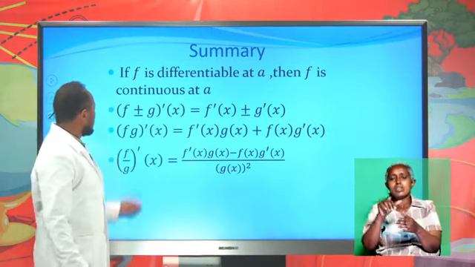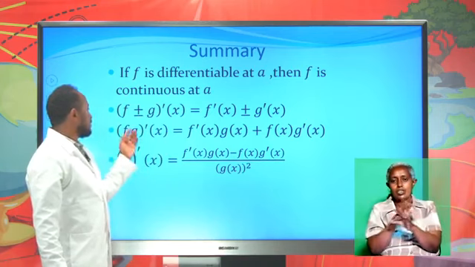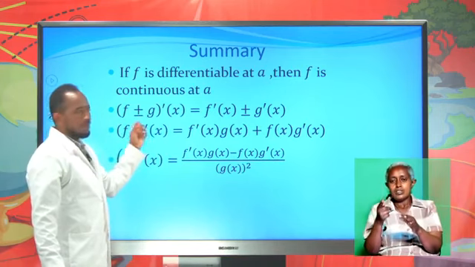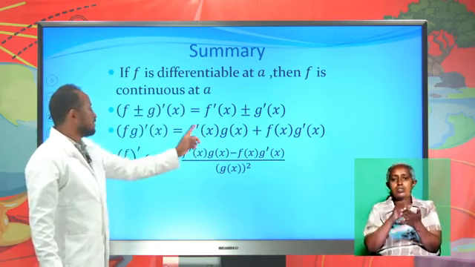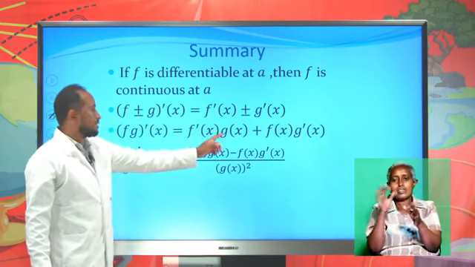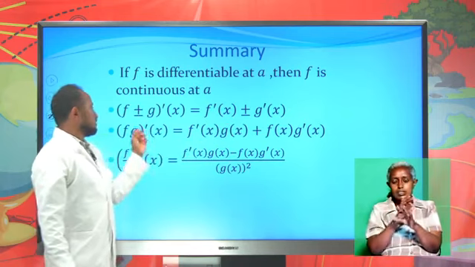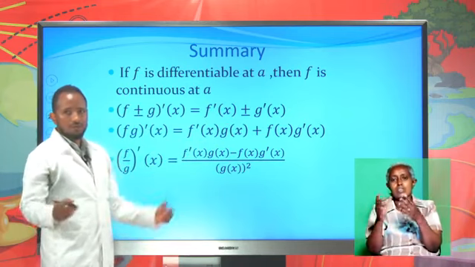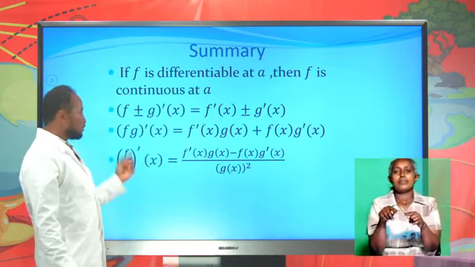The other one we have seen is the derivative of a product. If we have two functions f and g, the derivative of their product is the derivative of the first function times the second function plus the first function times the derivative of the second function.